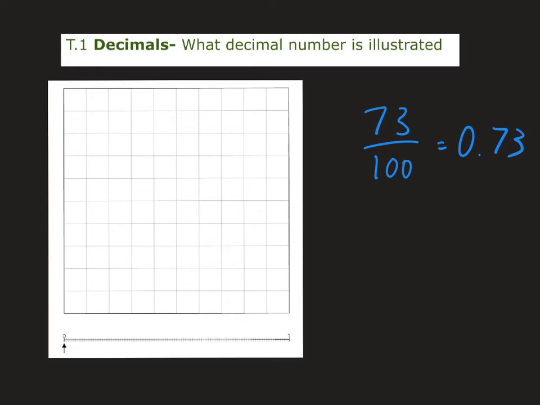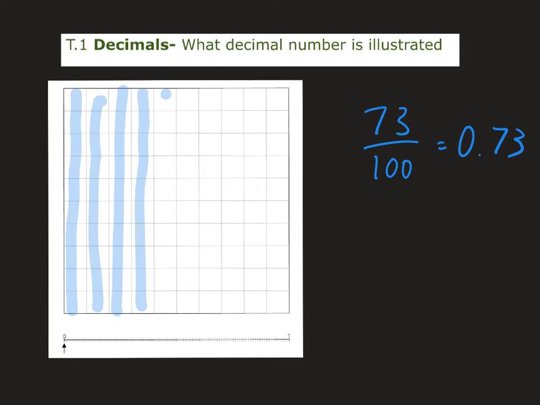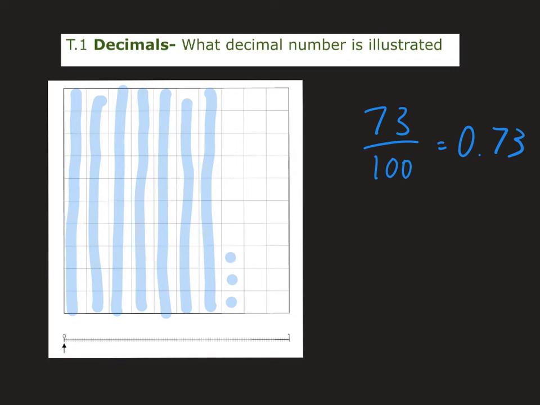I need 73 of those. So here would be 10 of them, 20, 30, 40, 50, 60, 70, 71, 72, 73. There would be a representation of 73 hundredths shaded in.